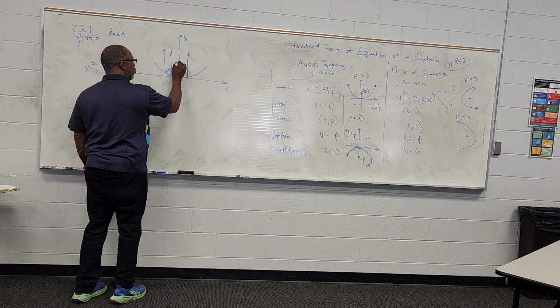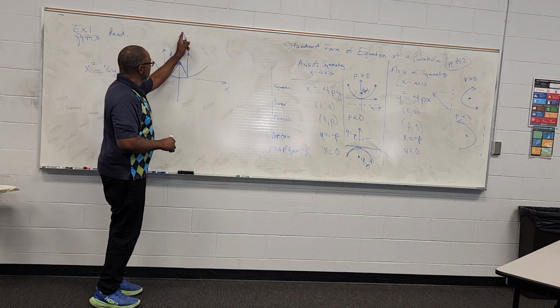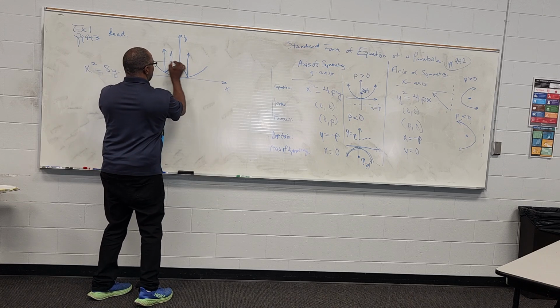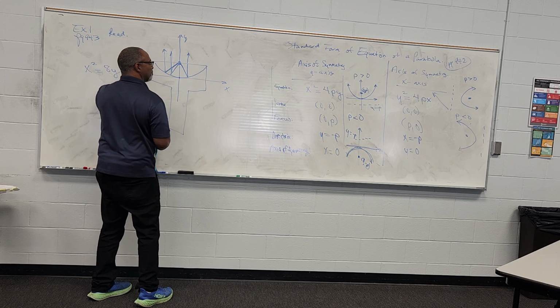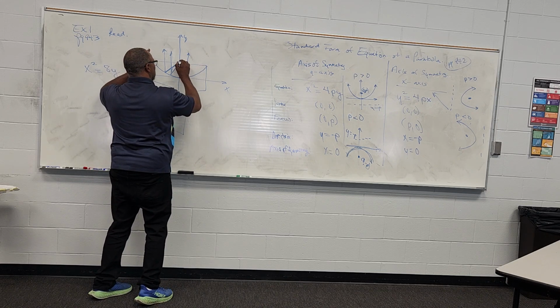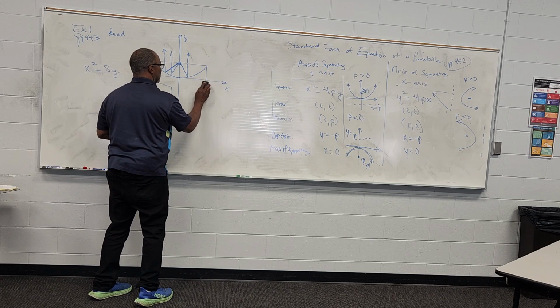So the question is, where should he place the bulb? If you place the bulb at the focus, those light beams direct out. So think about this as a flashlight. There's my flashlight, and it's shining this direction.